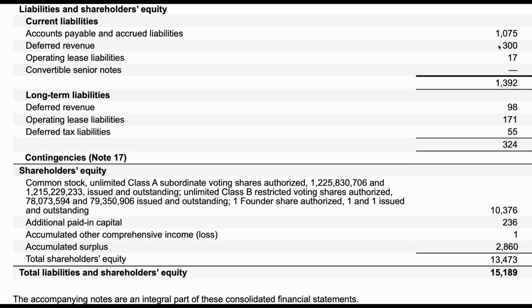So if somebody prepays for, let's say, a year of subscription, then the current year's portion would be recognized in deferred revenue and current liabilities, and the next year's portion of that would be recognized in deferred revenue in long-term liabilities.